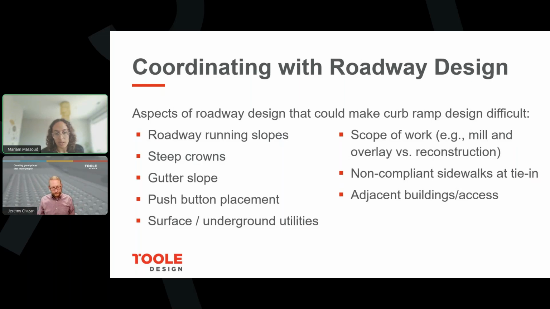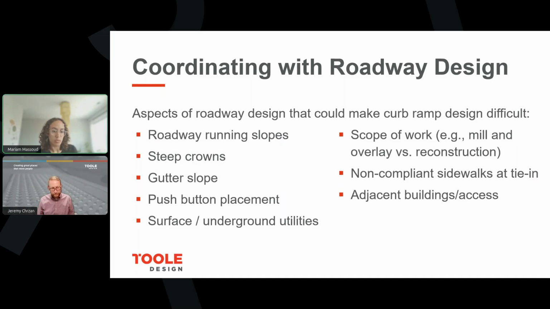Some of the aspects of roadway design that specifically could complicate curb ramp design include the roadway running slopes, steep crowns and gutters that could result in the curb ramp and the gutter being too great of a difference in grade. The push button placement, surface and underground utilities might need to be moved to make the curb ramps compliant.